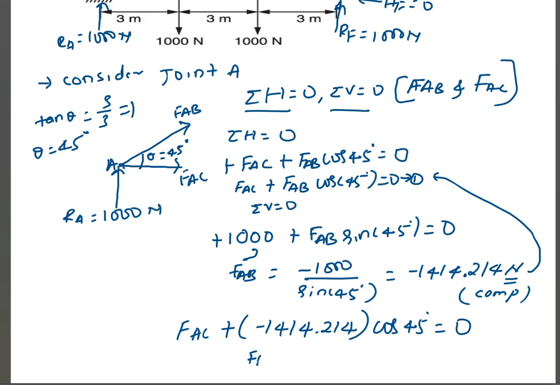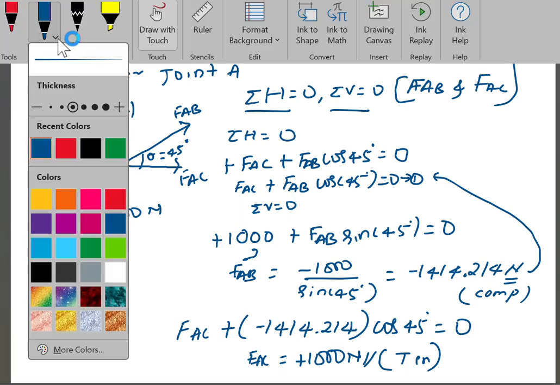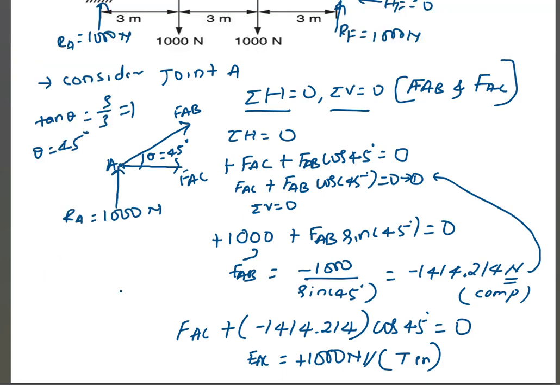Then you will get the FAC value: 1000 Newton. This is positive, so the assumed direction is correct. So the force present in the member is tension. So here you got the member forces in the members FAB and FAC.